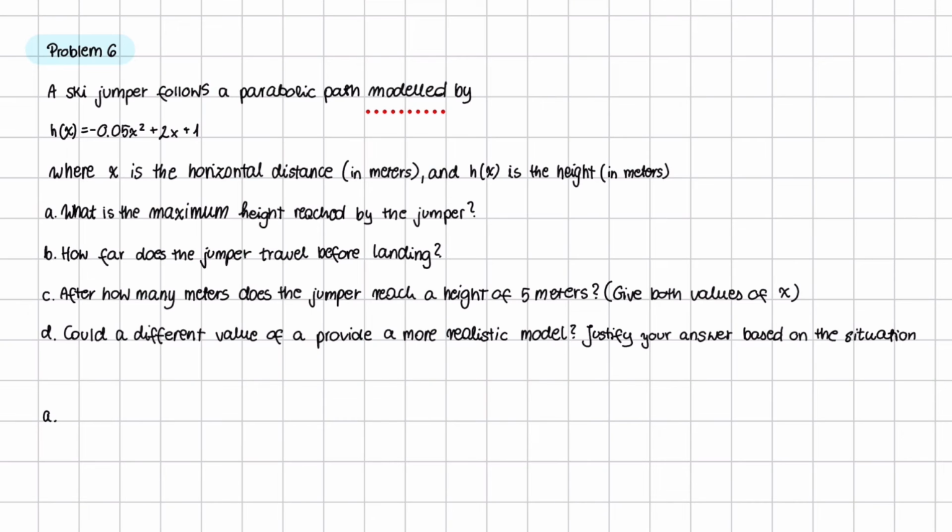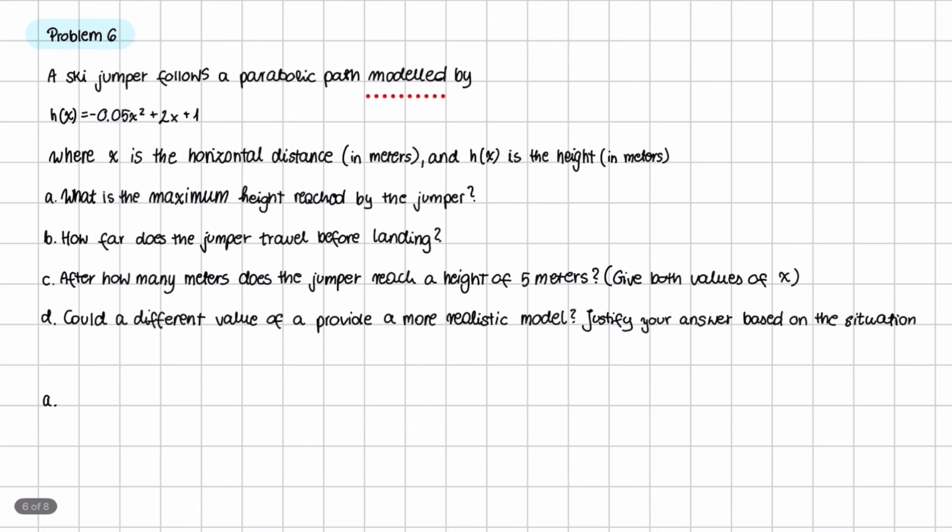However, we can also use our GDC to graph our parabolic model, so our function h(x), and then choose G-Solve and maximum point, and you will see that the maximum height of this jumper is 21 meters. So we can write that our h is 21 at x equals 20.